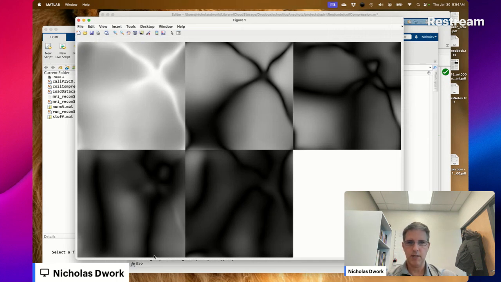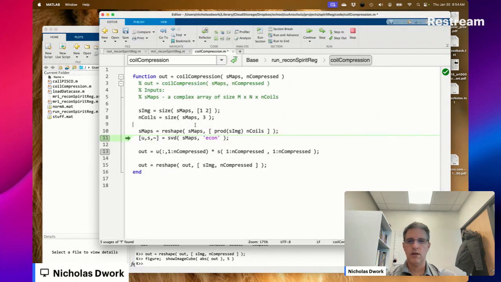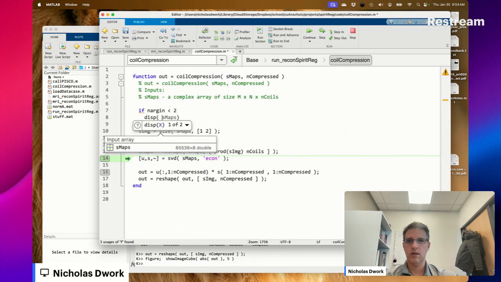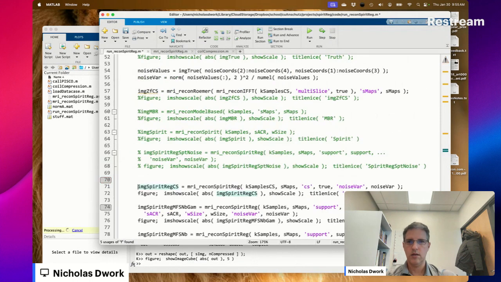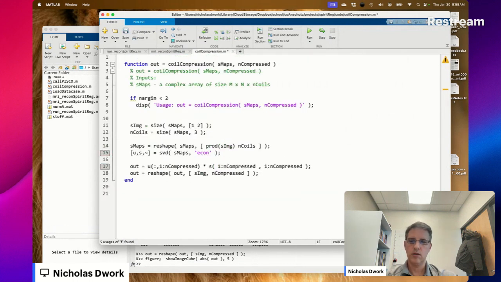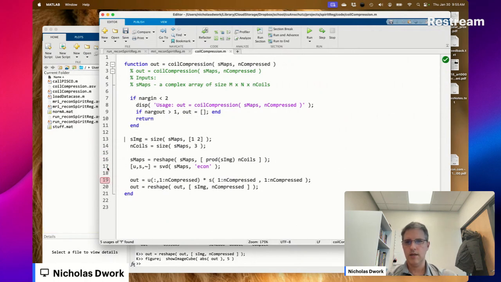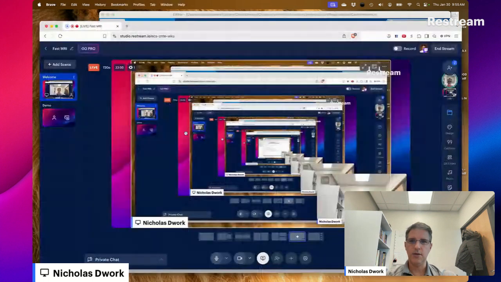Those are the compressed sensitivity maps. Now we only have 5 of them. Okay. Okay. I think that's coil compression.